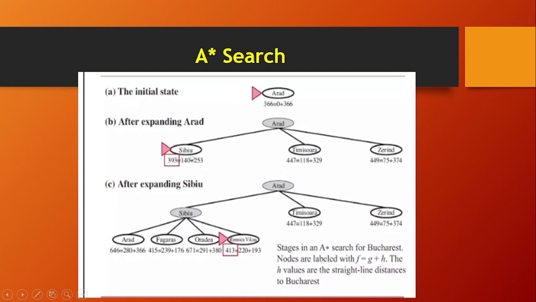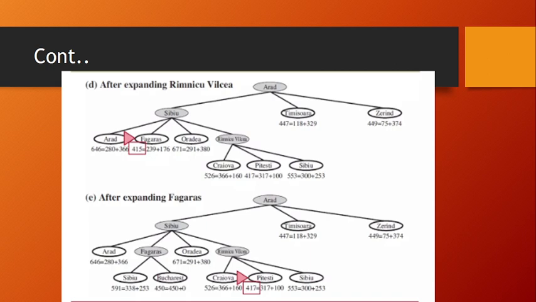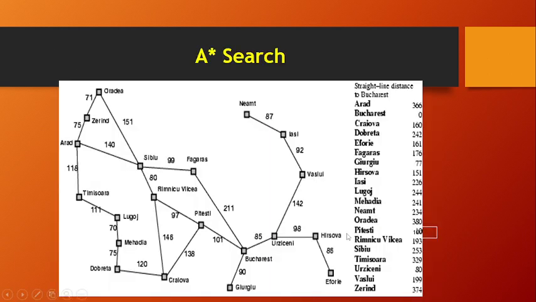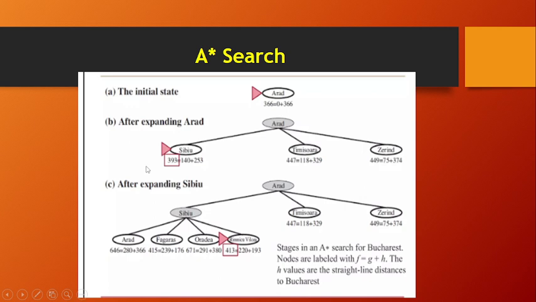Next, from Sibiu, we need to check the next cities to reach the destination Bucharest. From Sibiu, the next cities are Fagaras, Rimnicu Vilcea, Oradea, and Arad once again. So here we are expanding Sibiu. Arad is there, Fagaras is there, Oradea is there, and Rimnicu Vilcea is the city.